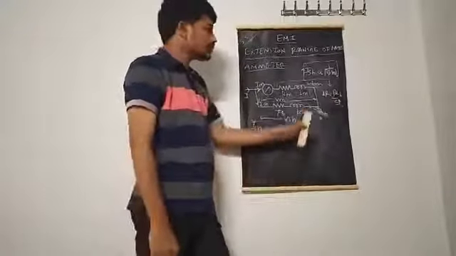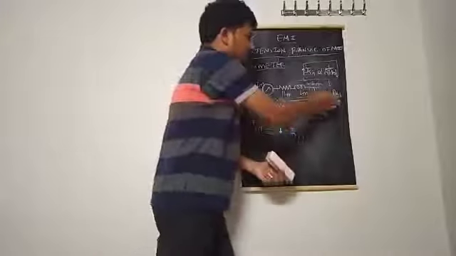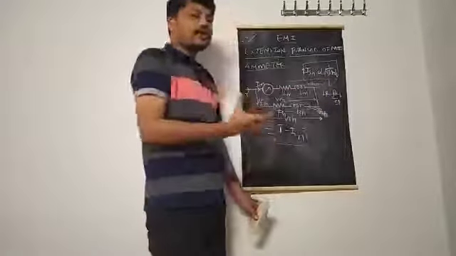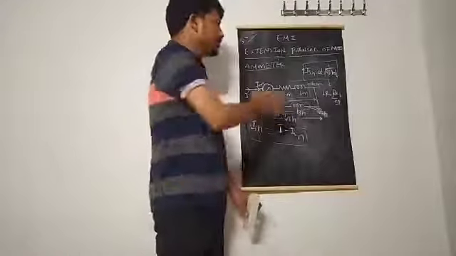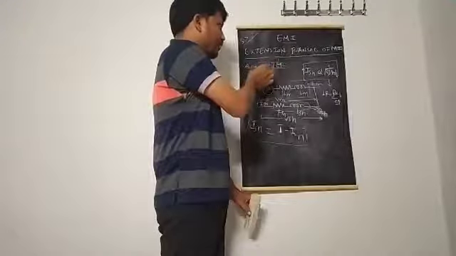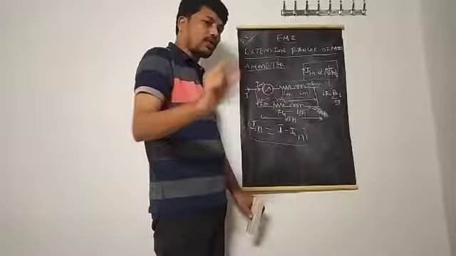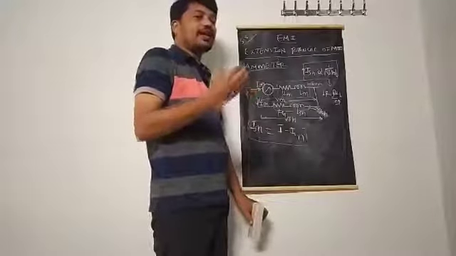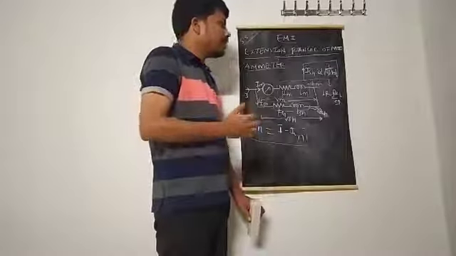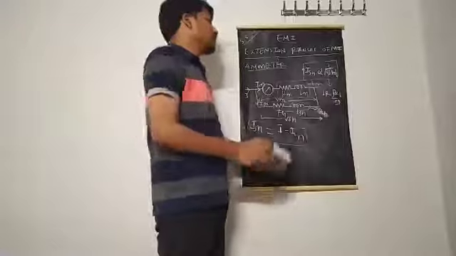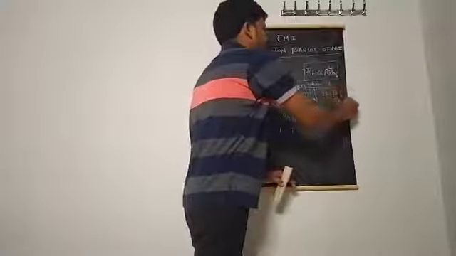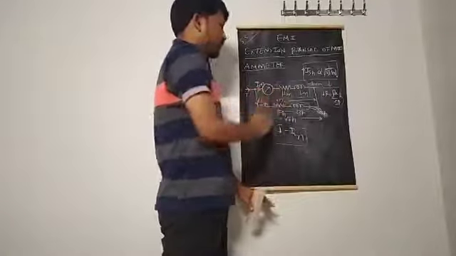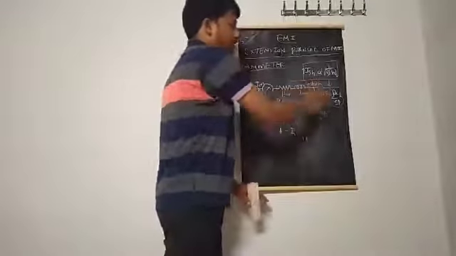It should have fewer turns. So to extend the moving iron ammeter, the shunt resistance should be low, the area should be more, that means thick wire, fewer number of turns, and the length of the material should be low. These are the advantages of taking a low resistance across the existing meter.